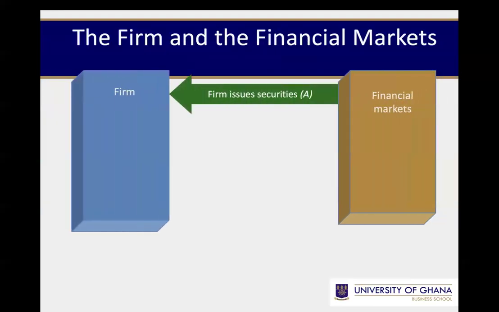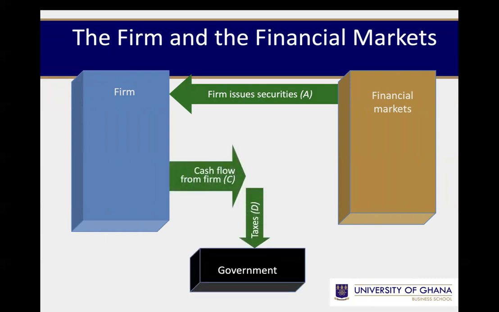Let's proceed by putting a few things in perspective. When it comes to the average firm and the financial markets, in fact, the focus of our session for this module, a typical firm will issue securities. And by issuing those securities, they receive funds from the financial market.